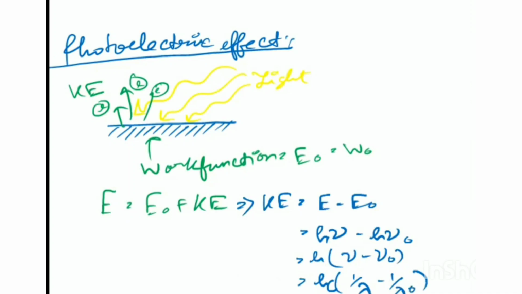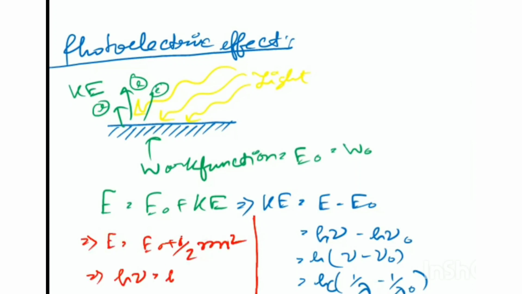This equation has another form, that is, E equal to E naught plus half mv square, or h nu equal to h nu naught plus half mv square. So here our photoelectric effect is done.